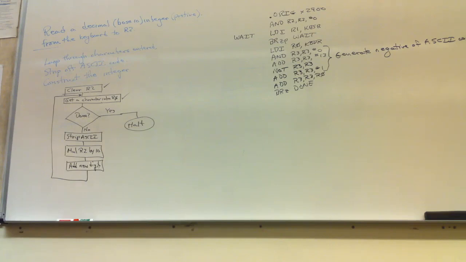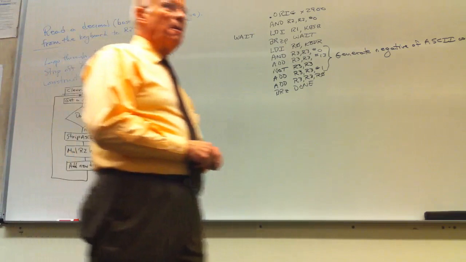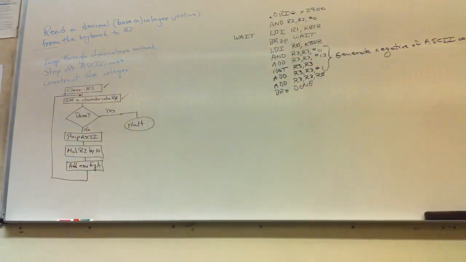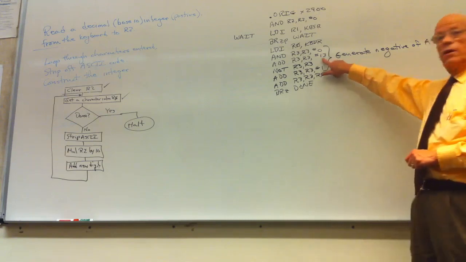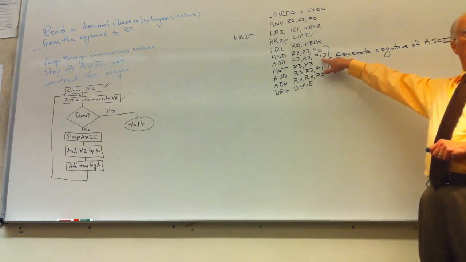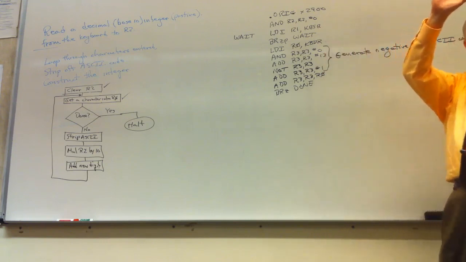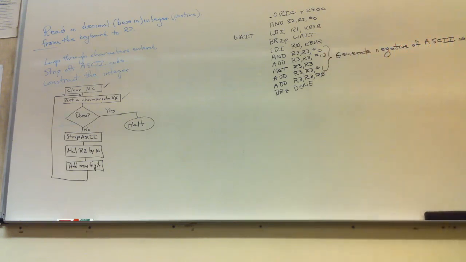Now, recognize that 13, how many bits do we have in that add instruction for an immediate operand? 5 bits. How many does it take me to represent 13? 4 of them.